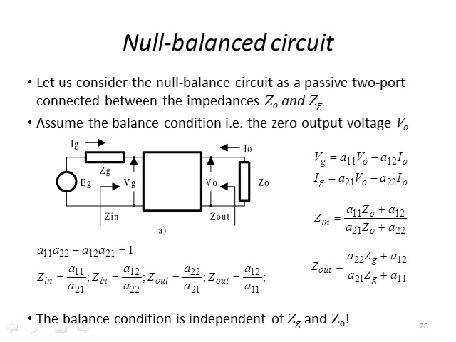If we consider a null-balanced circuit as a passive two-port connected between the impedances Z0 and ZG in this diagram, where Z0 could be a load and ZG is a source resistance, and we assume a balance condition, therefore zero output voltage, and we do the computations of these different coefficients, the main result is that the balance condition is independent of ZG and Zout, which is fantastic, right?